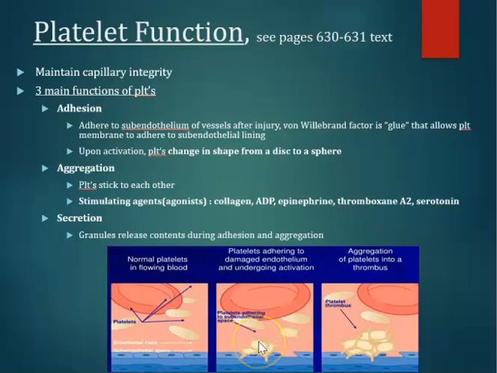They've started to change shape, and they're going to stick to the endothelium, or the lining, to try to repair it. Those platelets are going to start piling up, sticking together, to help repair that damaged vessel wall.